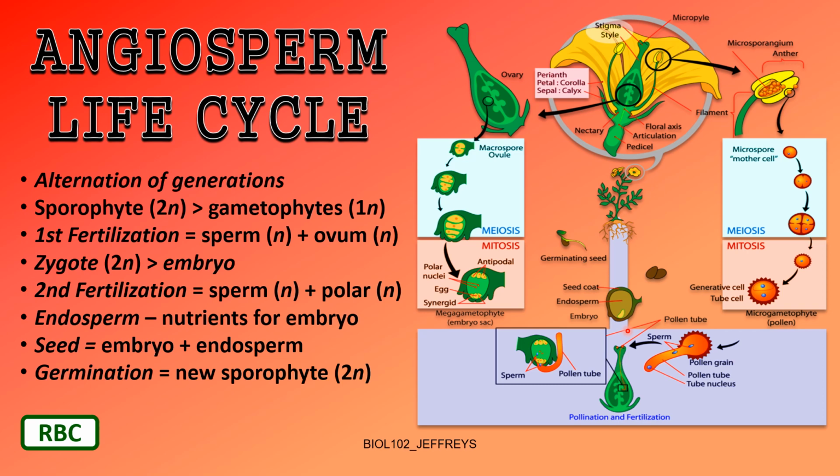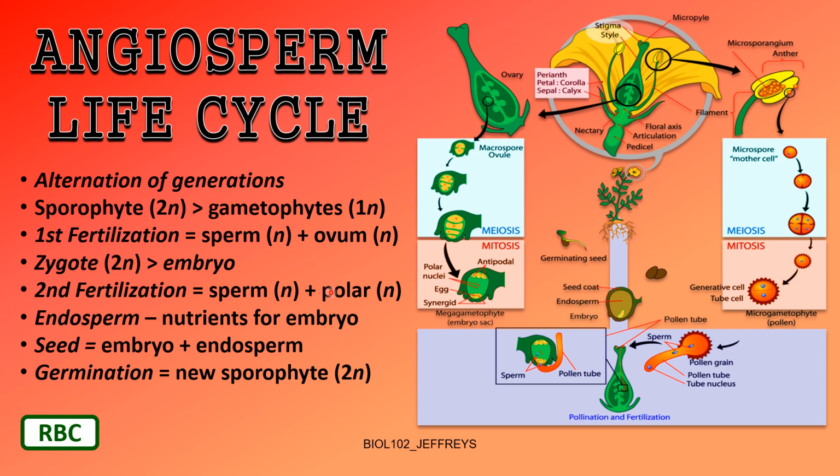You see it, okay, the embryo there in yellow. And then the second fertilization event occurs where you have the other sperm nucleus fusing with actually there are three polar nuclei.